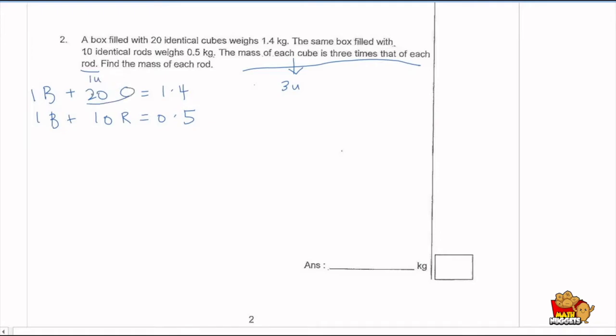So if I were to convert the 20 cubes into units, 1 cube is 3 units, so 20 cubes would be 20 times 3, 60 units. And I will convert my 10 rods as well to units. 1 rod is 1 unit, so 10 rods would be 10 units.